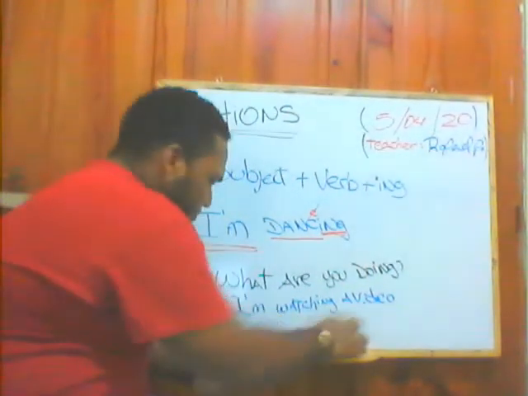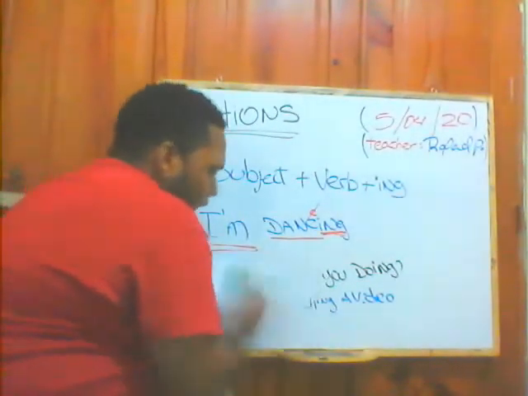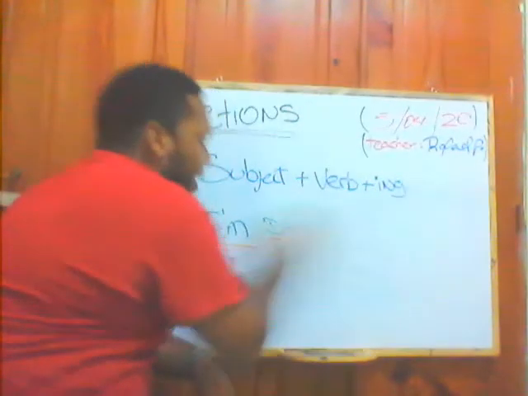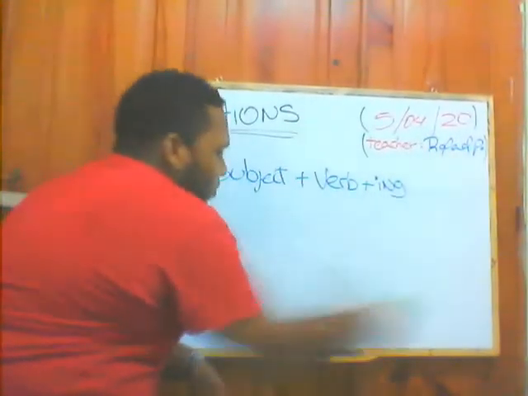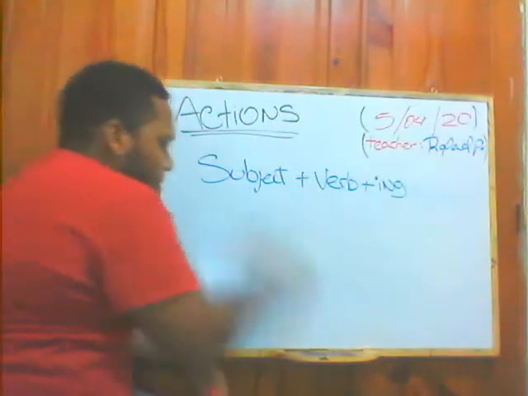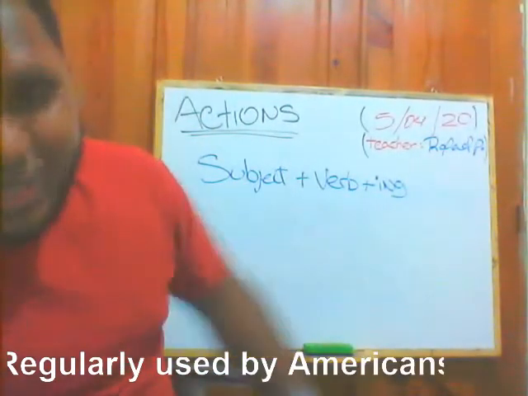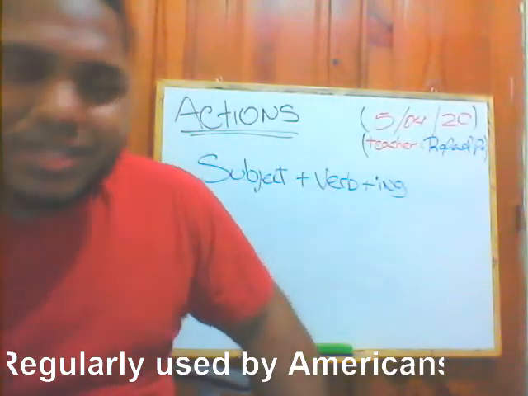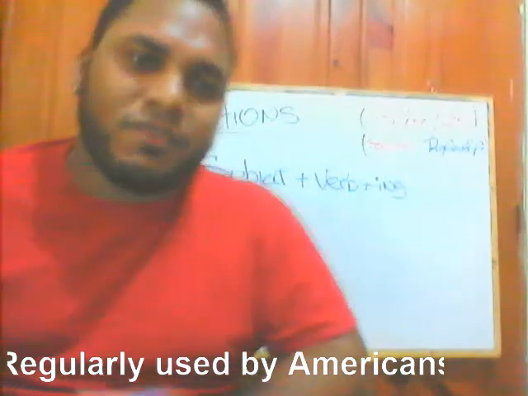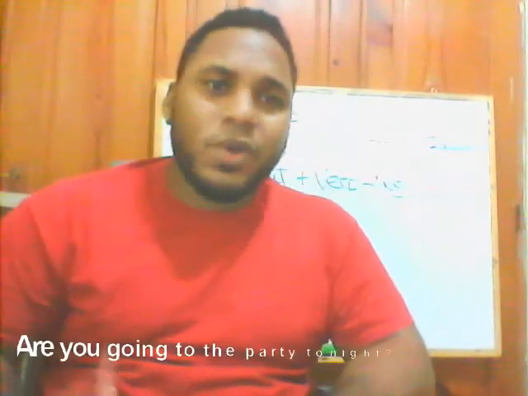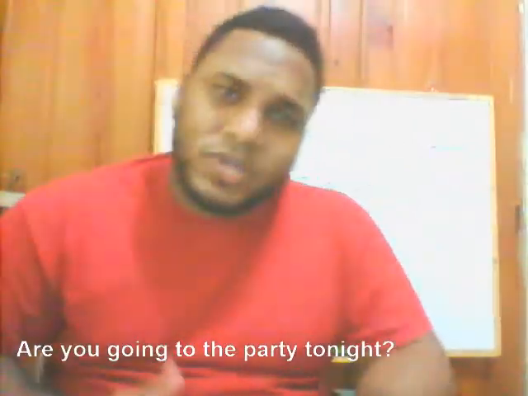So this is very used in English, when you are using this type of verb or tense. It is regularly used by Americans, they use it a lot. So for example, I can ask you, are you going to the party tonight?